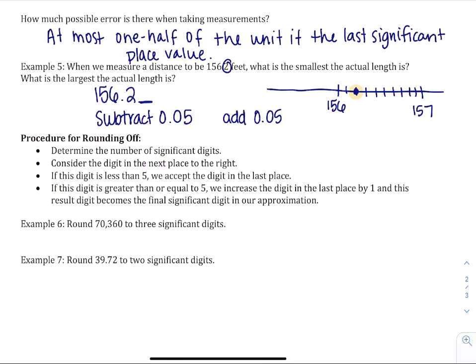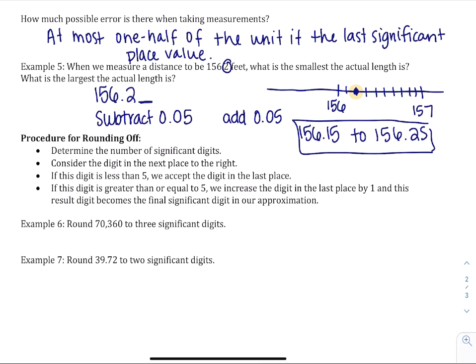And so when I subtract that, I get 156.15. When I add that, I get 156.25. So you figure out where your last decimal place is, and then you put a 5 in the next one, zeros in front. You subtract that, you add that, and that's going to get the range of values that you would have rounded to whatever your answer is.